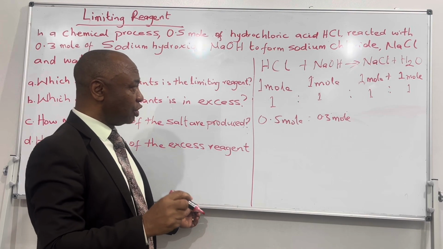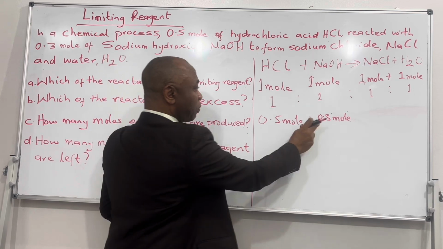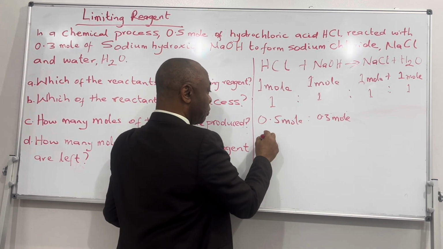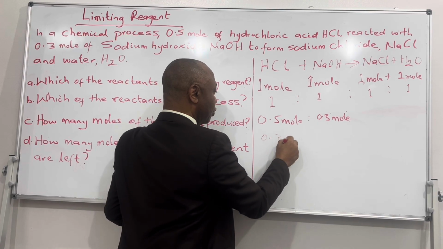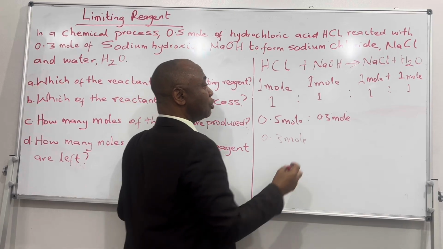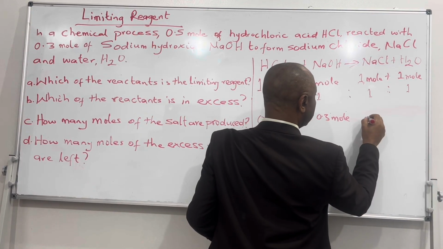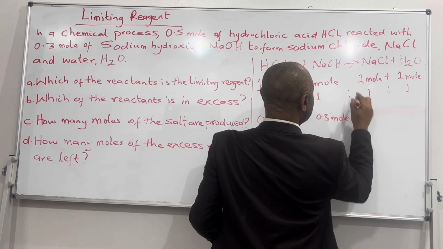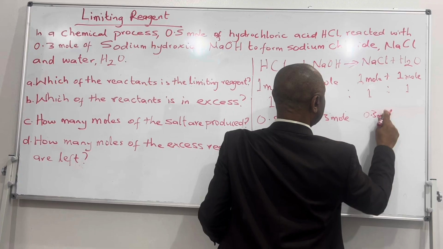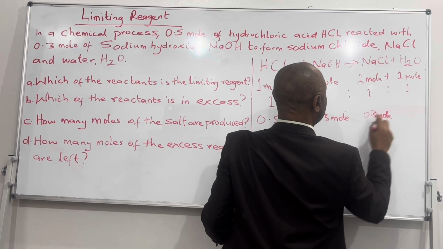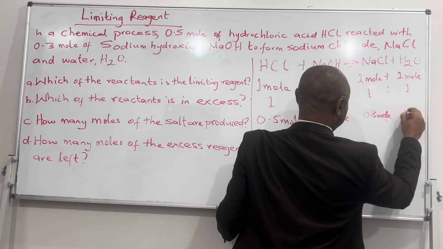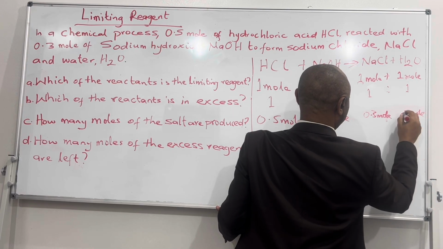And as such, it means that 0.3 moles of sodium hydroxide would require 0.3 moles of hydrochloric acid to give you 0.3 mole of sodium chloride and of course 0.3 mole of water.